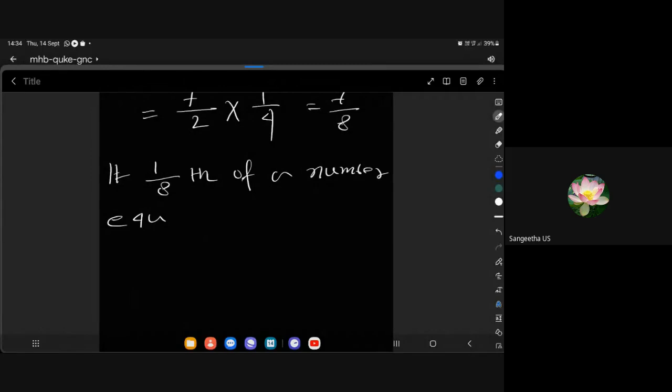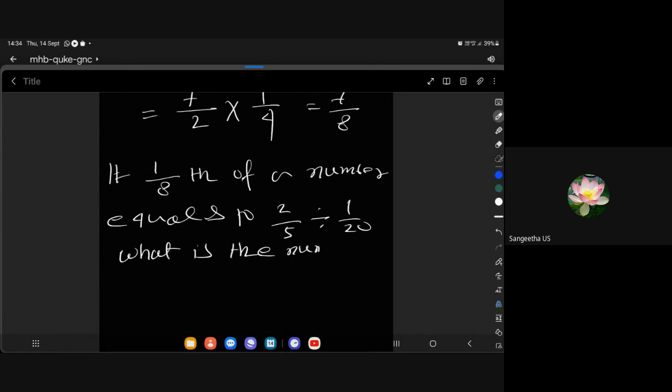1 by 8 of a number equal to 2 by 5 divided by 1 by 20. What is the number? Okay, options 64, 70, then 49, then 56.